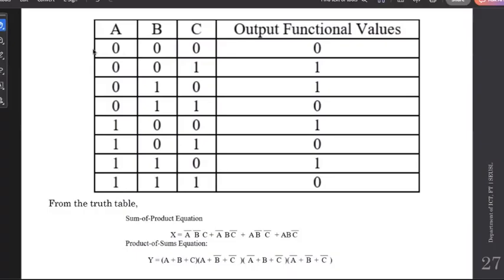Yes, miss. So now, when you want to derive the equation for your Boolean expression from this, what you have to note is the values at these places. Can anyone find out, if A is 0, B is 0, and C is 1, to get this one, what should be the values here?